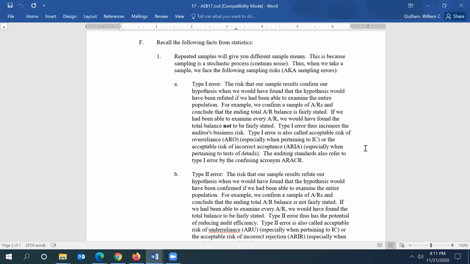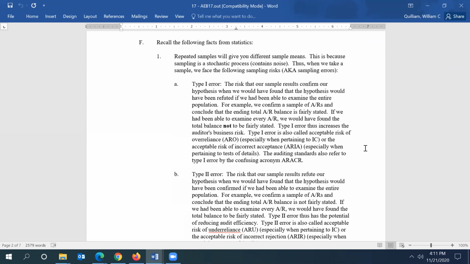So anyway, this is the risk of type 1 error, or sometimes in stats called alpha risk. It's always with us unless we examine the entire population. And the more items we examine, the lower this risk will be.